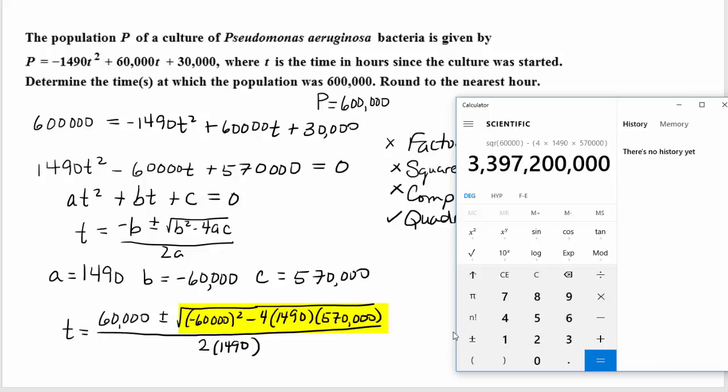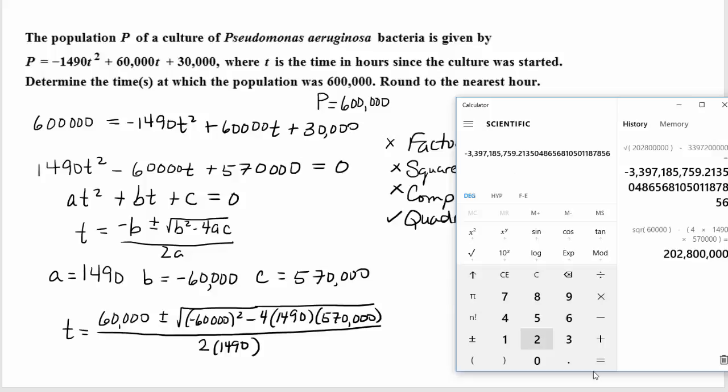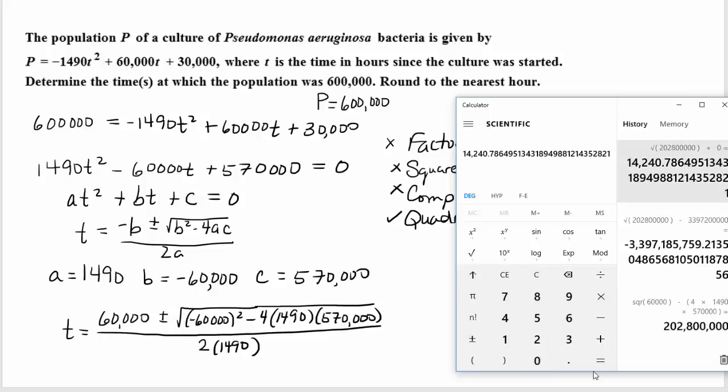Now I'm going to hit equals to get what's under the radical, which is 202,800,000. Now I need to take the square root of that number. So I type in 202,800,000 and take the square root. That gives me 14,240.8, which is what we get instead of this big radical.